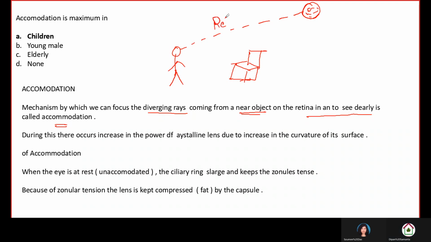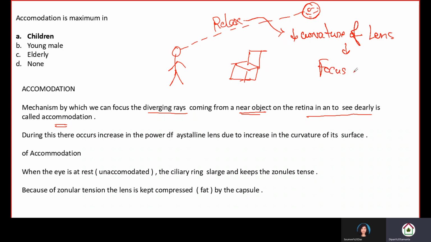The ciliary muscles should relax to decrease the curvature of the lens. And if the curvature of the lens decreases, then what will happen? The focus will be far away, on far away or distant objects.